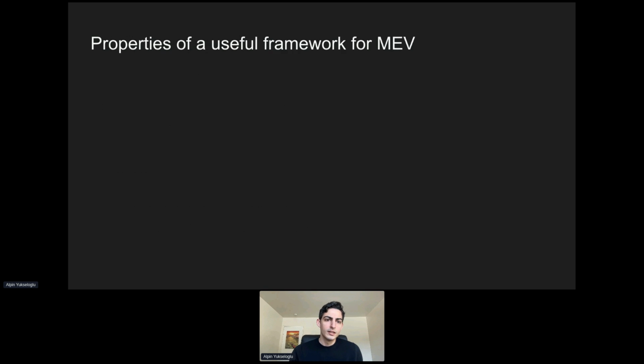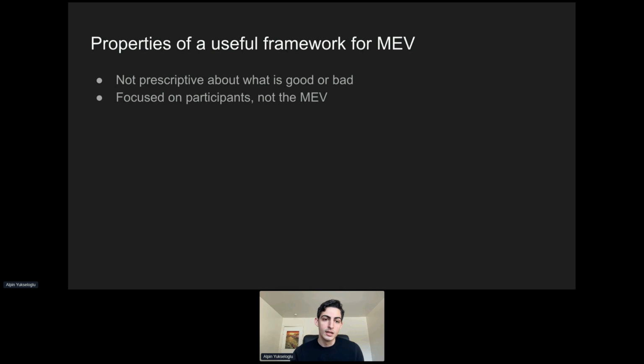So let's start with, what are the properties of a useful framework for MEV? I think it's important that it's not prescriptive about what is desirable or undesirable in terms of types of MEV, for the sake of being portable and also for the sake of avoiding this extremely frustrating rabbit hole of debating what the desirable form of MEV is, at the expense of what a good mechanism designed for harnessing or controlling MEV might be.